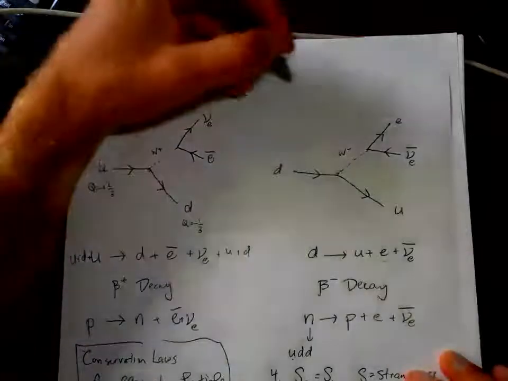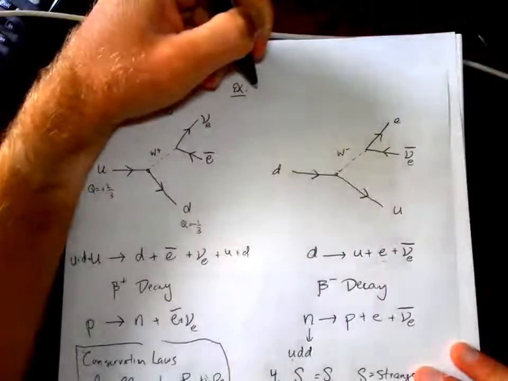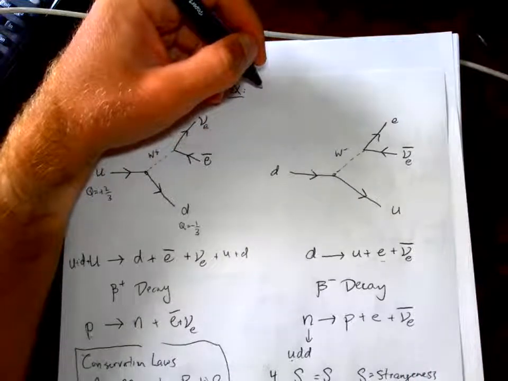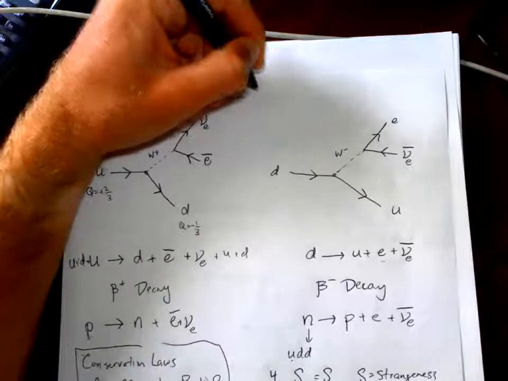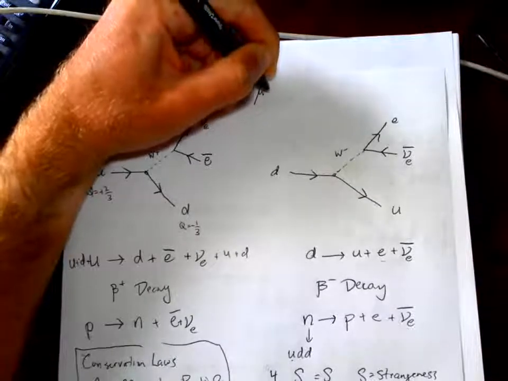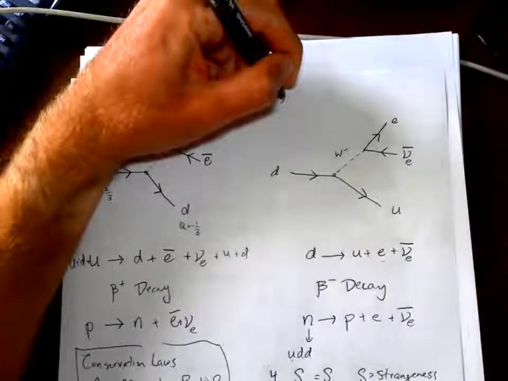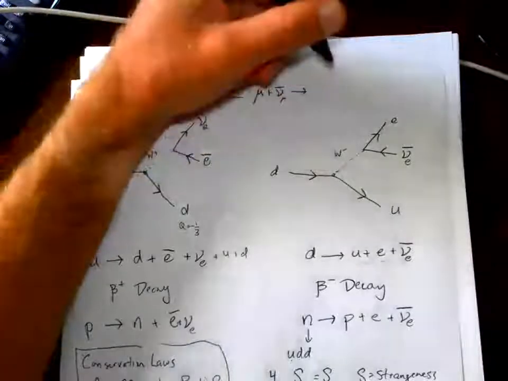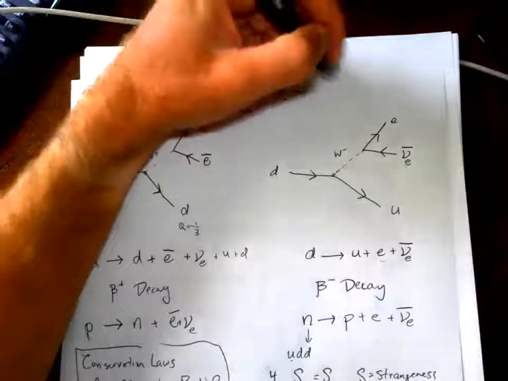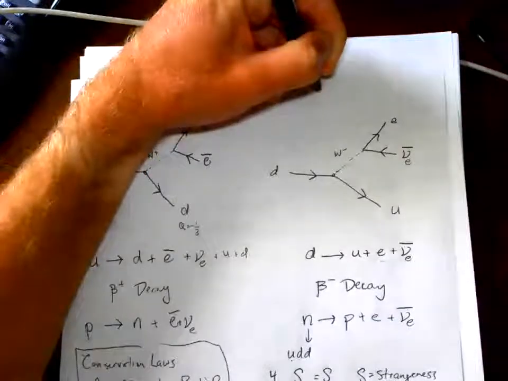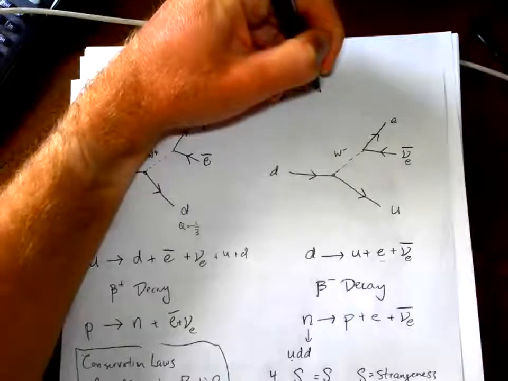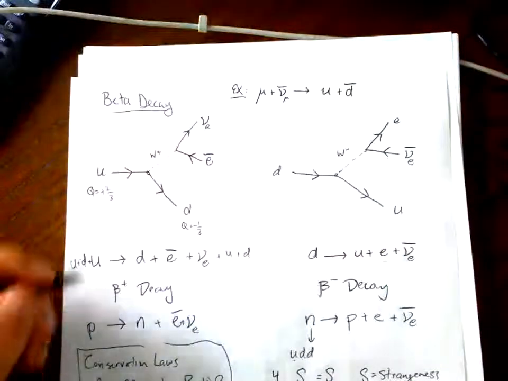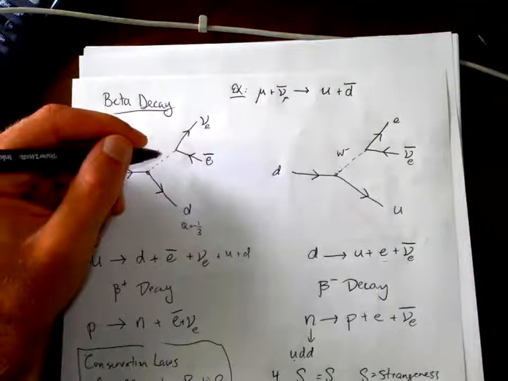What if we had a reaction where a muon and an anti-muon neutrino become an up quark and an anti-down quark? All right. So, could this happen in nature?